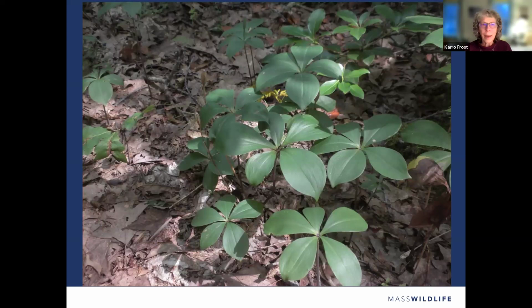I'm sorry, I didn't get any photos of it in bloom. I'm going to have to make sure that I get that next time, but gorgeous. I make sure that there are no glossy buckthorns, no bittersweets, anything else in these areas. I want to make sure that these plants survive and grow a long time.